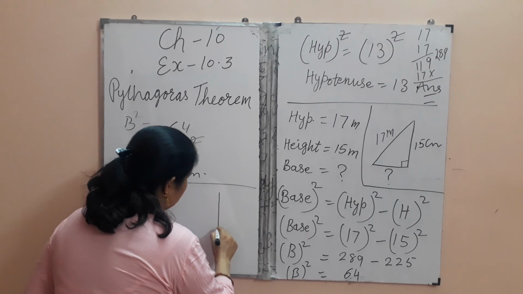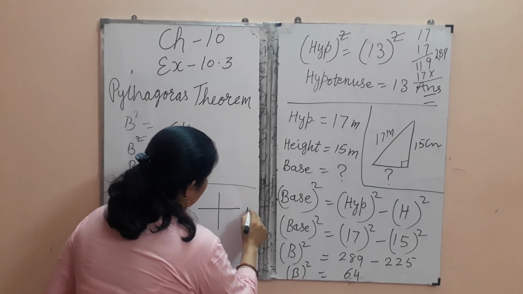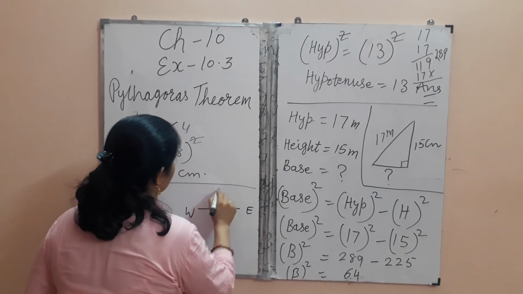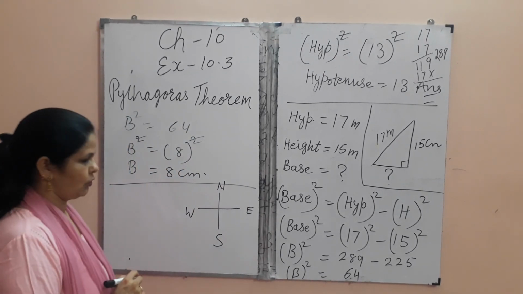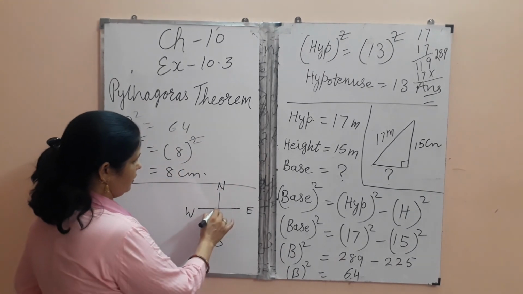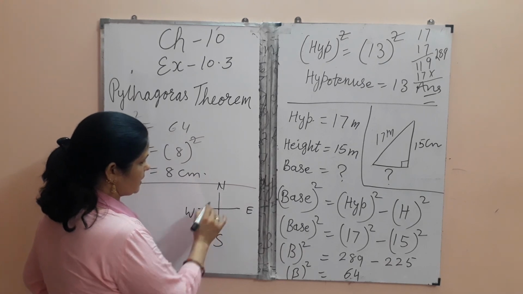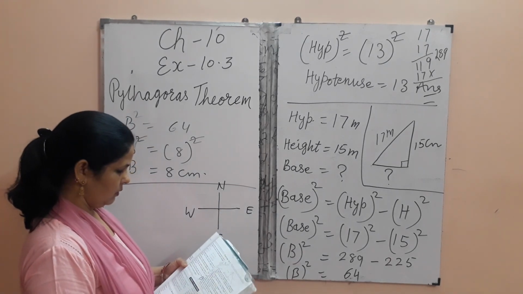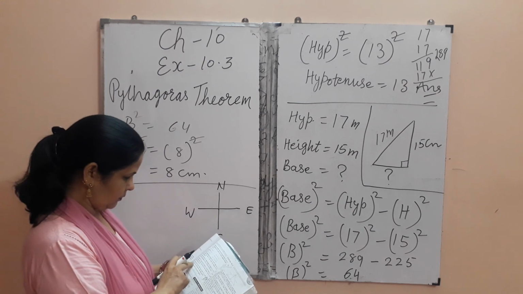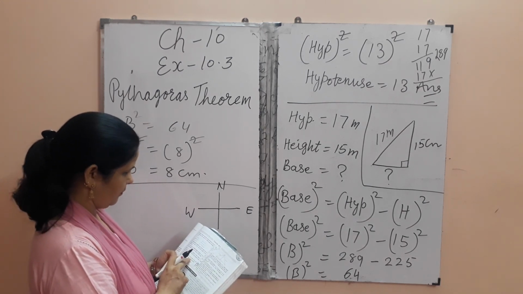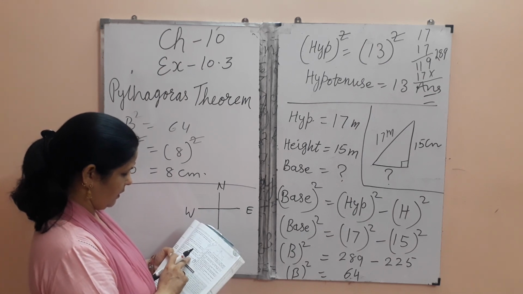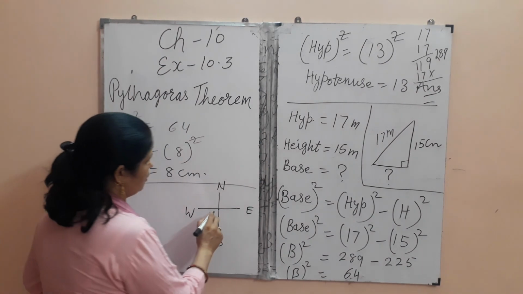We will draw the diagram: east, west, north and south. So from here he started moving, and he moved towards west and then north.